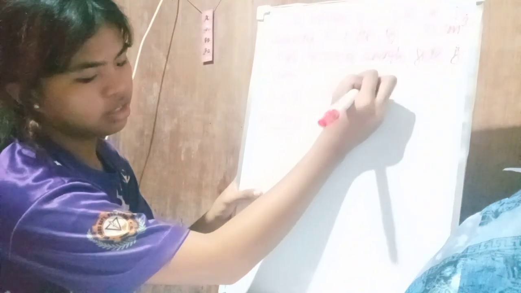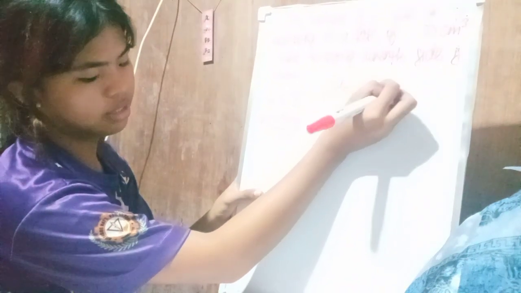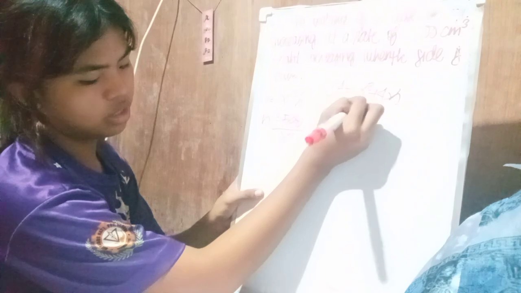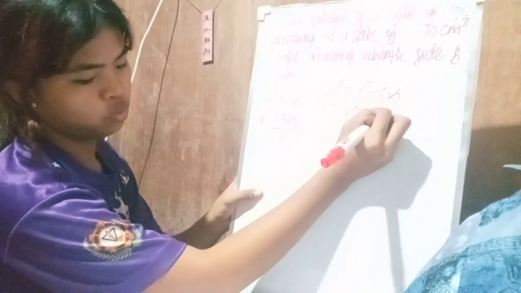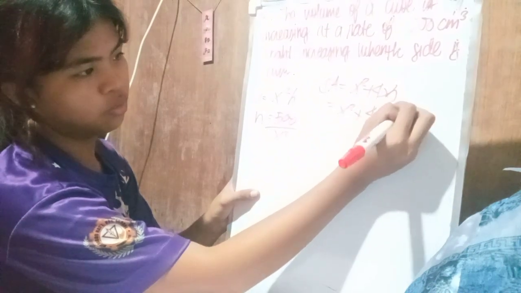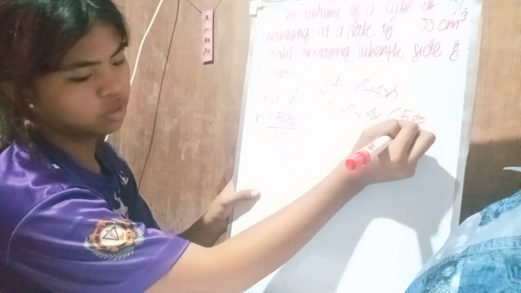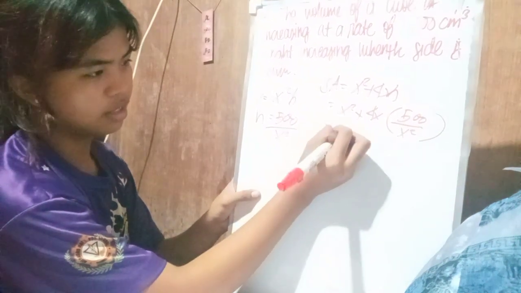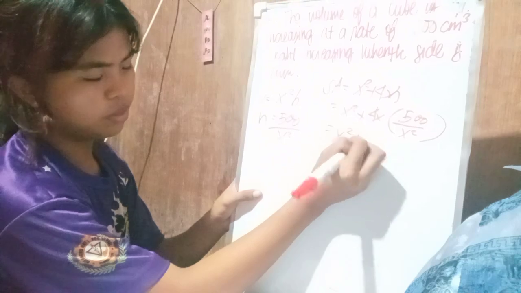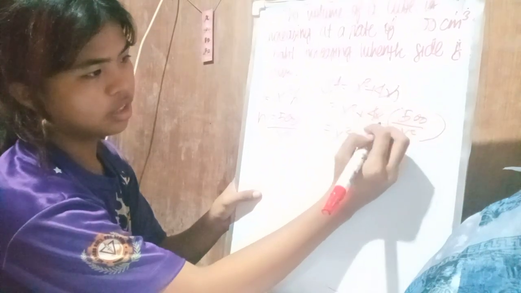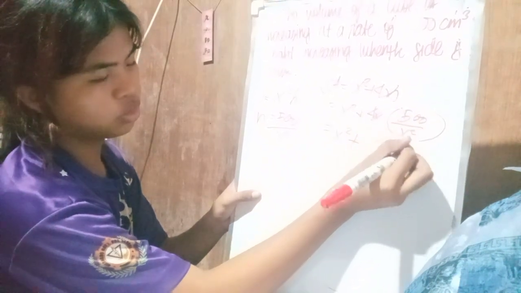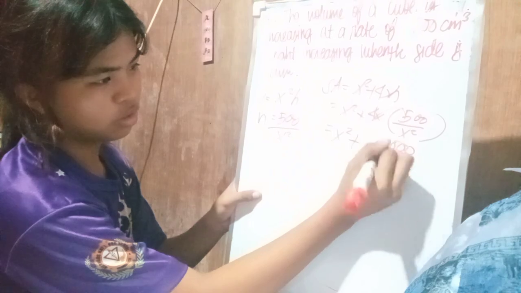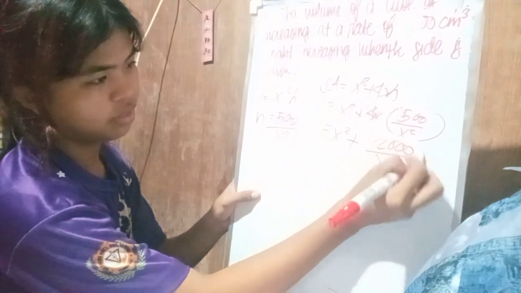So x squared plus 4xh is equal to x squared plus 4x times 500 over x squared, which is x squared plus 2,000 over x.